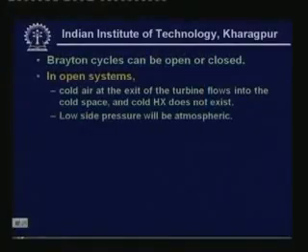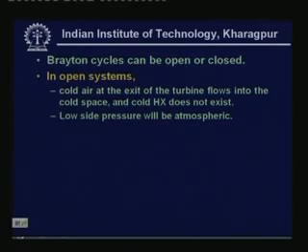That is the reason why we use this in aircraft cooling. And second characteristic is typically the low side pressure will be atmospheric. When you are releasing the air into an occupied space, typically occupied space pressure should be close to the atmospheric. So, the low side pressure also has to be close to the atmospheric. So, these are the two characteristics of open systems.